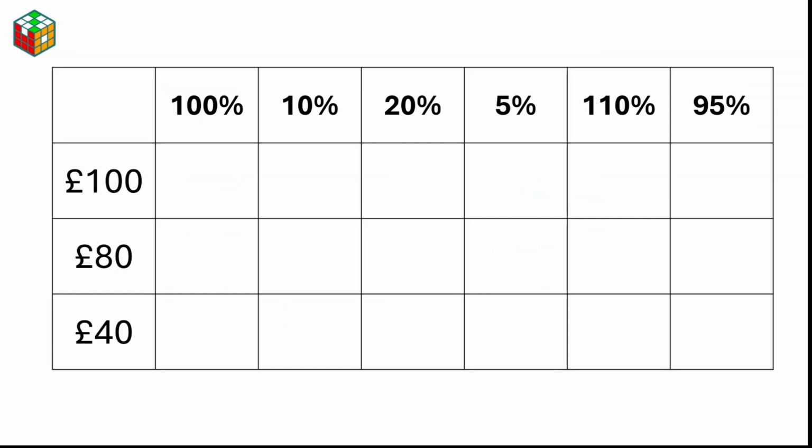This table is a really useful table to show you what actually has happened here. If I know 100%, I divide it by 10, I will be able to have my 10%. The value times it by 2 or whatever percentage that we need, we get the percentage. Or we can use 10 divided by 2 to find out my 5%.